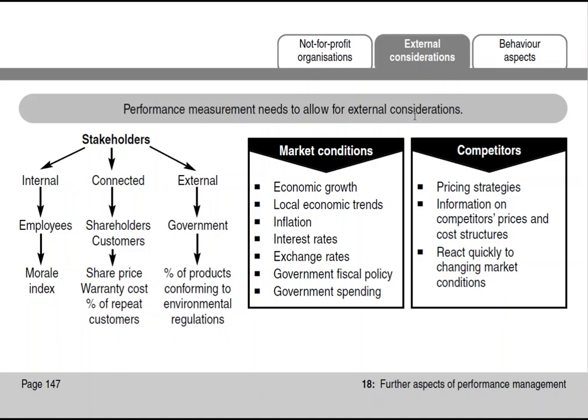We want to know their costs because we want to know whether they're actually a profitable business or not. If they're not a profitable business, then we shouldn't worry about them charging a lower price. React quickly to the changing market conditions. And we should be very flexible. If there are any changes in the market, we should change ourselves, be dynamic.